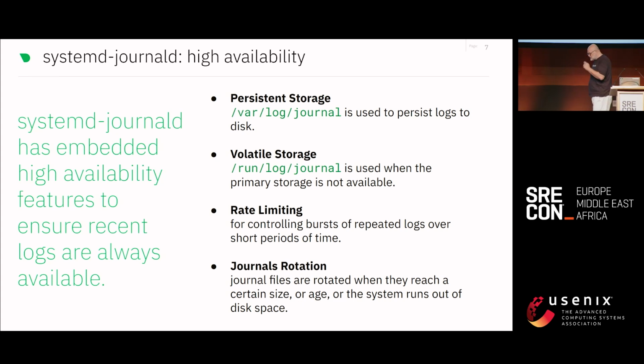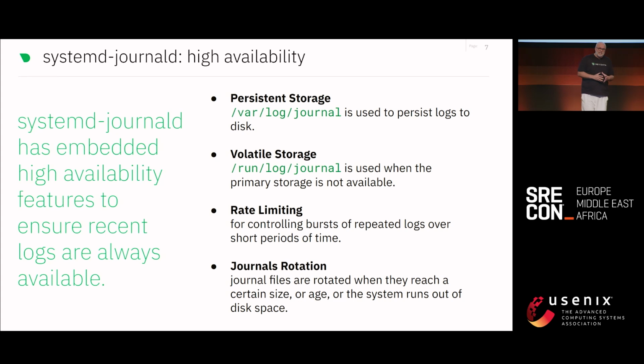Now, systemd journal has been designed to be highly available. The first thing is that it has persistent storage. It will log everything to /var/log/journal, create files there, etc. But if, for any reason, the system does not have the disk, so if you unplug the disk while the system is running, what the systemd journal will do is start logging to the /run directory, to tmpfs, so that you will not lose anything.